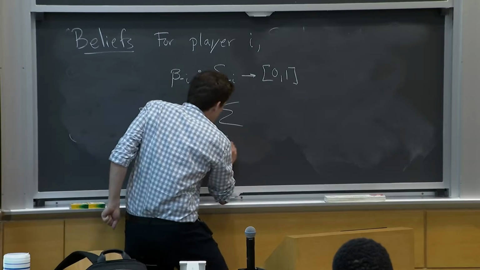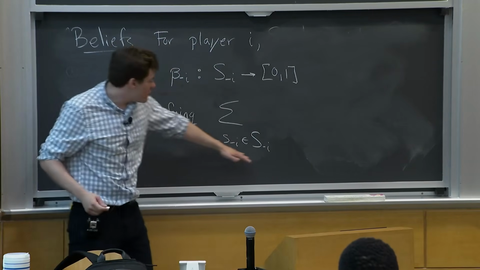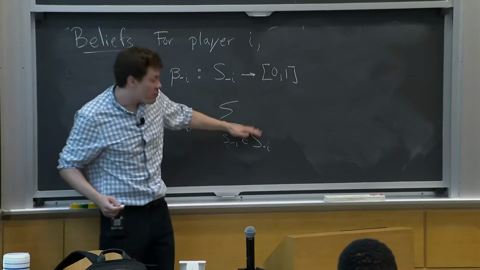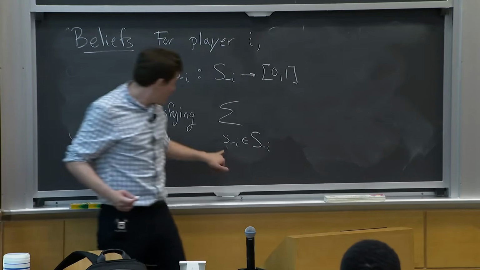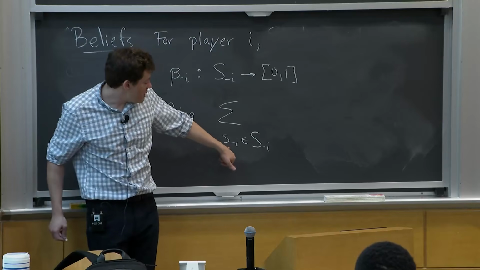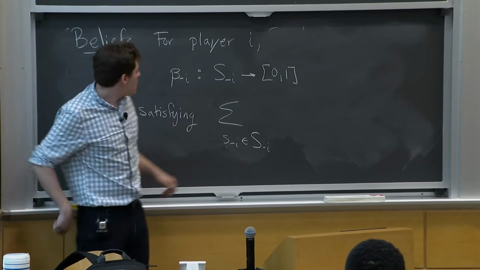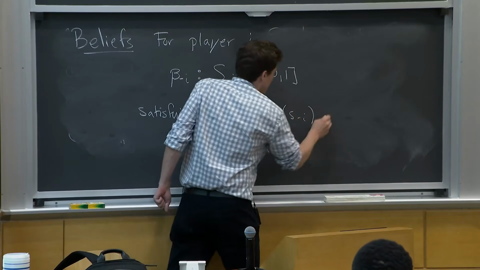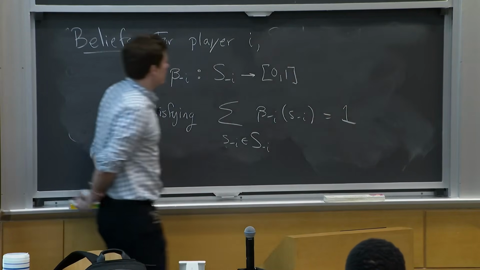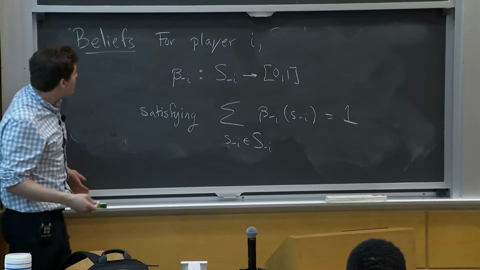So I'm going to sum over S negative I in big S negative I. If you're not used to seeing summations that aren't just numbers 1 to n, think of this as just writing out addition with one term for each strategy profile S negative I. And we have the sum of beta negative I of S negative I equals 1. So this is formally what a belief is.